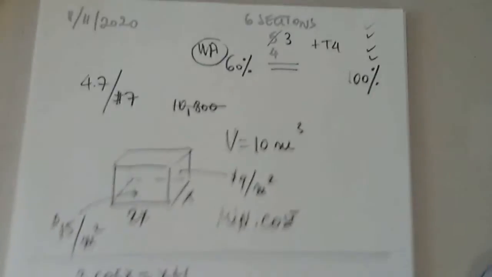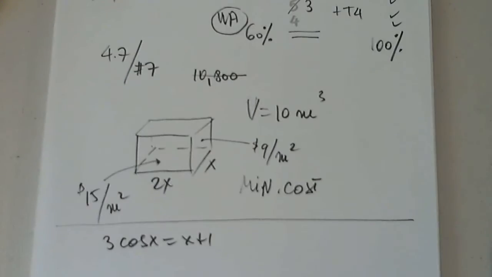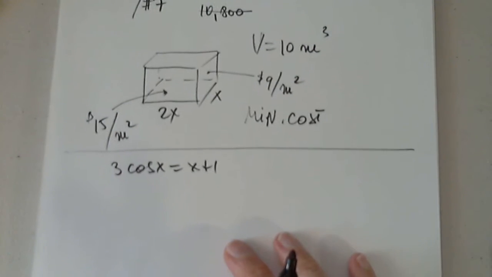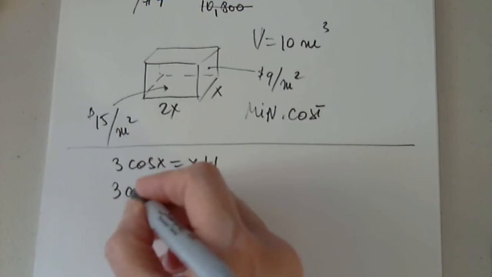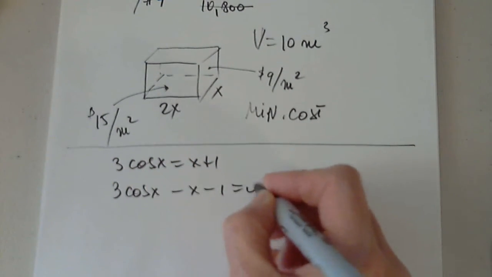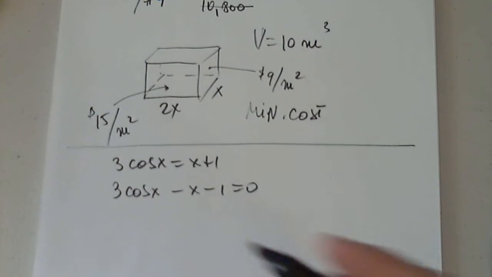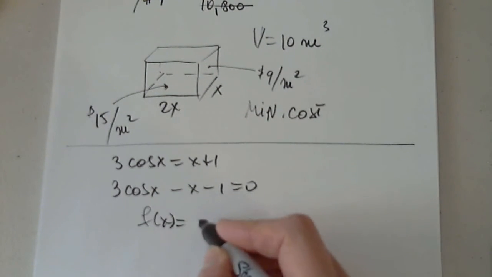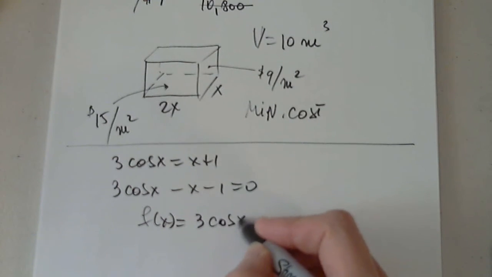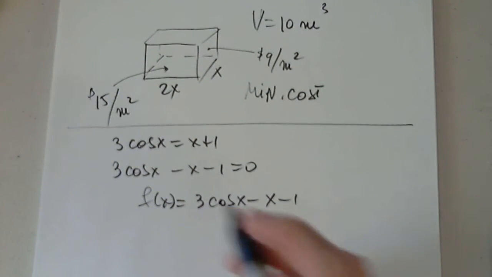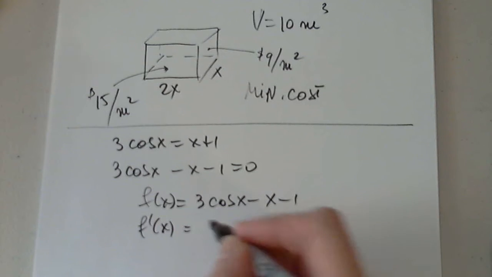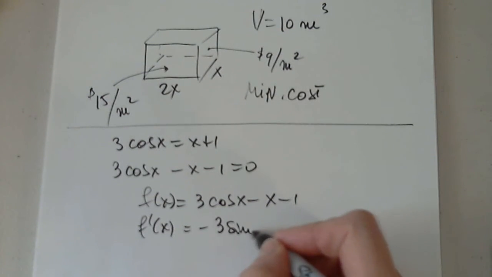First, I have to create the function. So this is 3 cosine x minus x minus 1. Solving this equation or solving this, it doesn't make any difference. But we want to have a function to talk about. And also its derivative right away. I mean, minus 3 sine x.